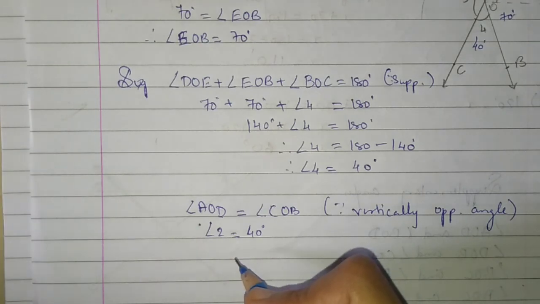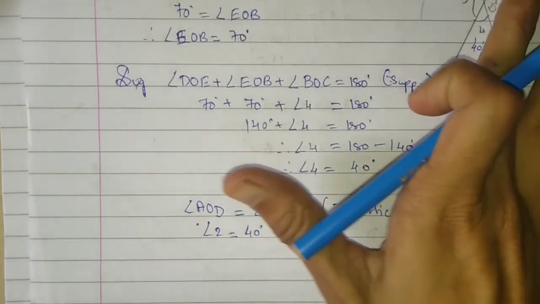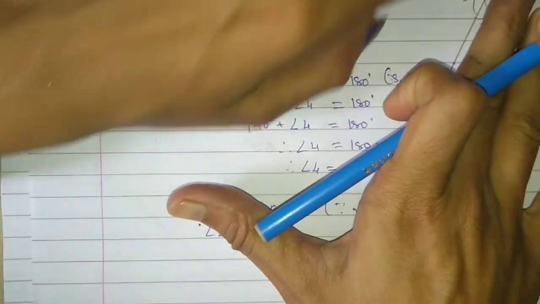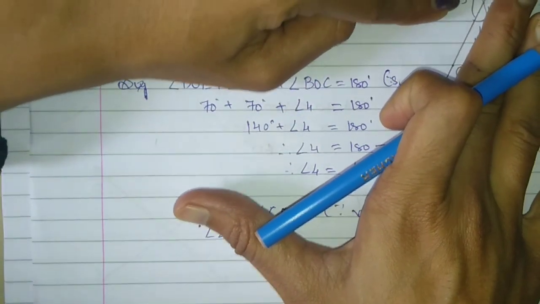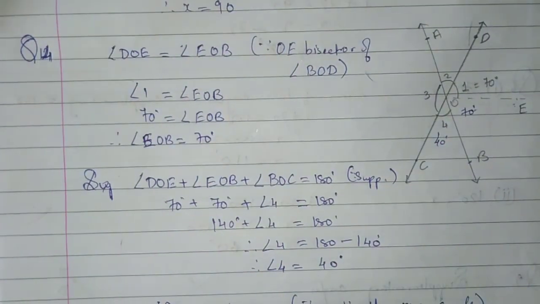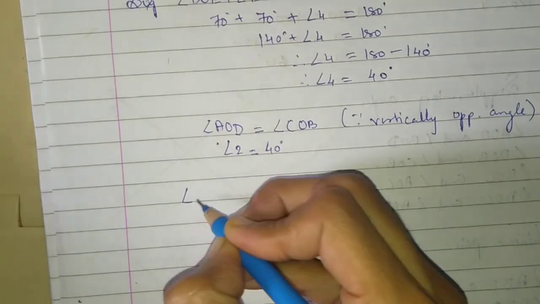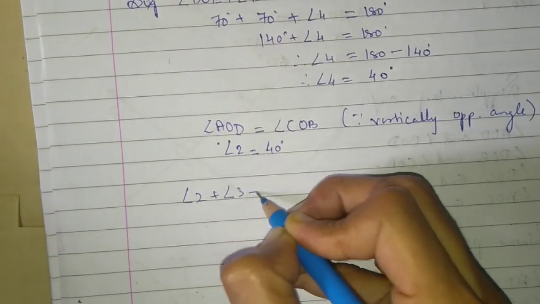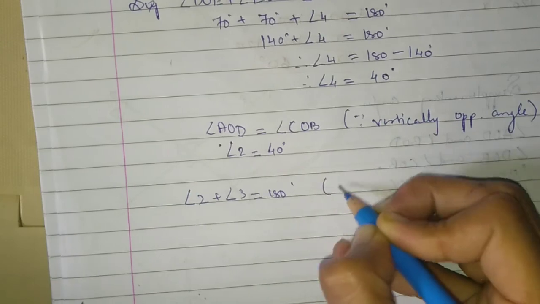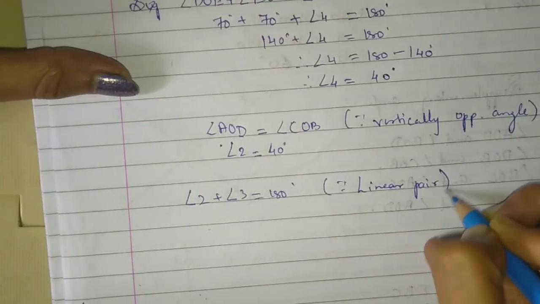Now for angle 3. We can find angle 3 with the linear pair. Angle 2 plus angle 3 equal to 180, linear pair. So write it down: angle 2 plus angle 3 equals 180. Why? Linear pair.